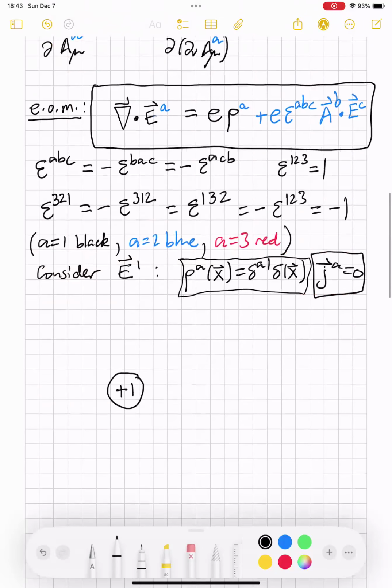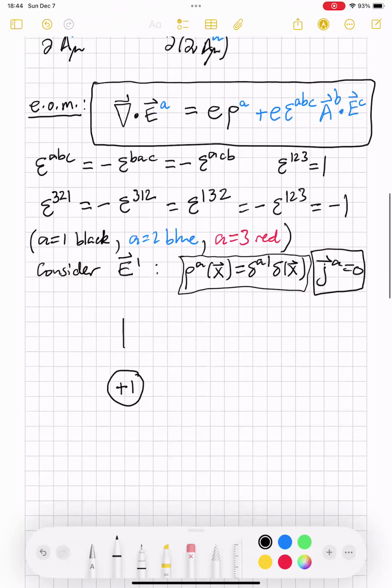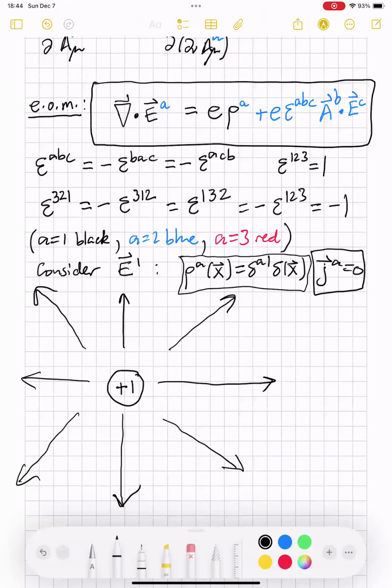So what does the electric field look like? It's just the usual Coulomb field, with the usual 1 over r squared fall off. It'll point radially outwards, exactly the Coulomb field that you are used to. But I'm interested in this nonlinear term. To see that nonlinear term, I need to let the vacuum fluctuate.